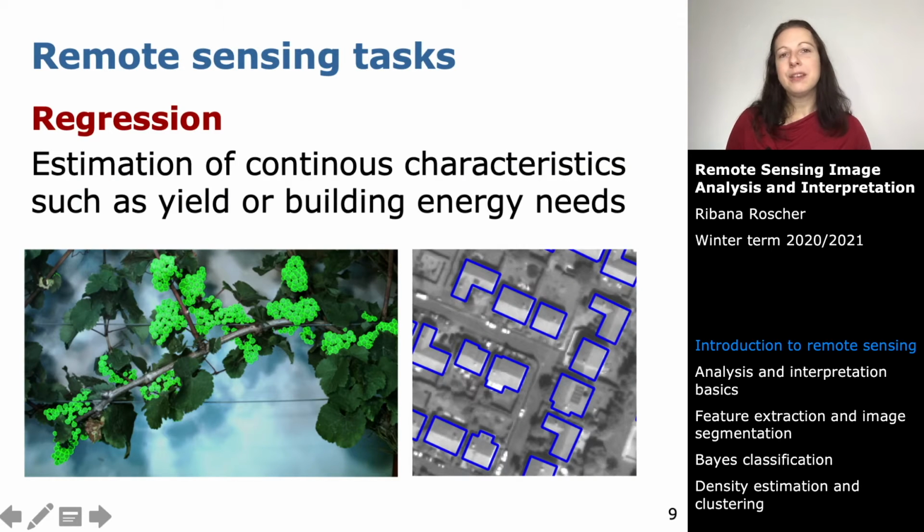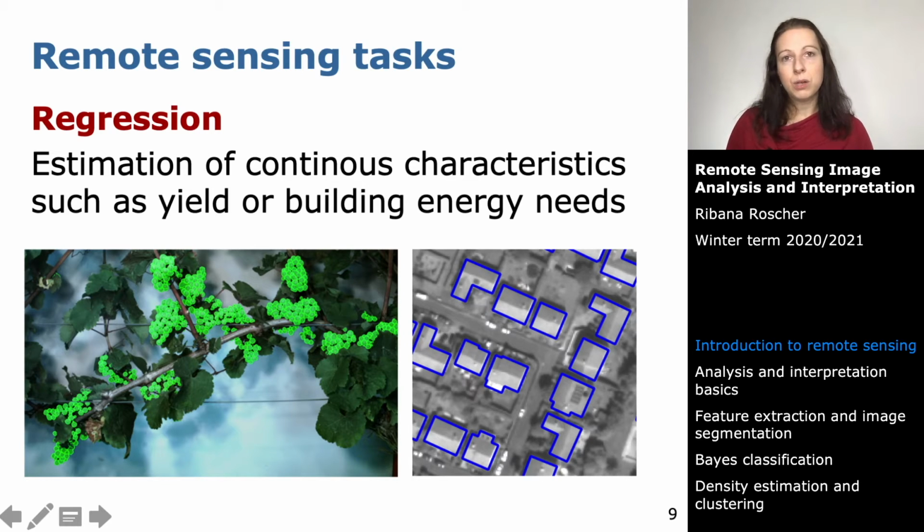So I mentioned already machine learning, and machine learning is a set of tools and a set of methods which can help us to analyze and interpret images. And in machine learning, we have two major tasks. So one task is regression, and the other one is classification. Of course, there are also more specific ones, but these are the two major ones.